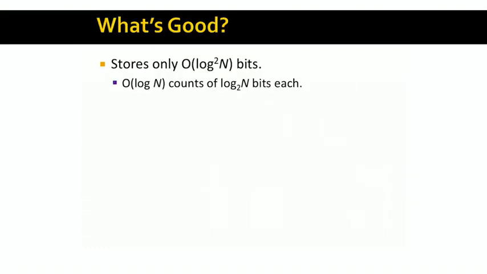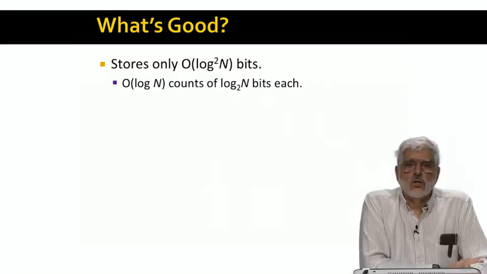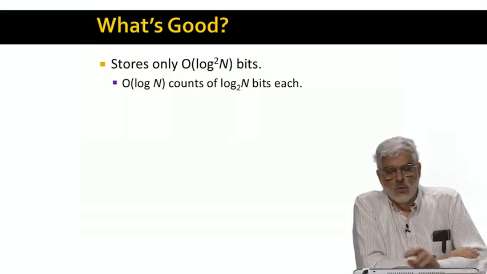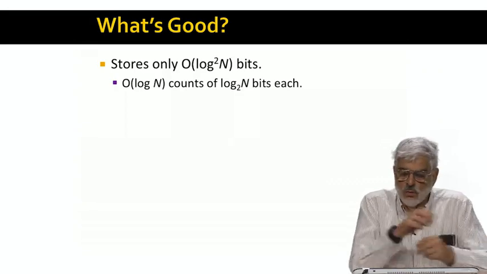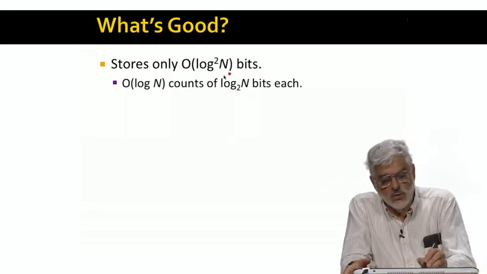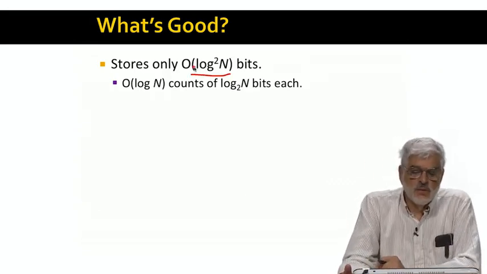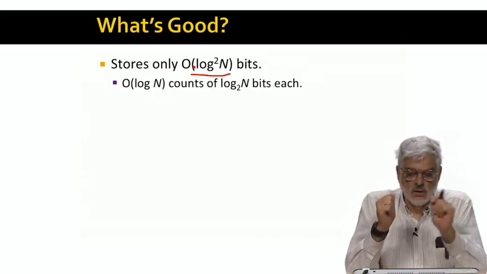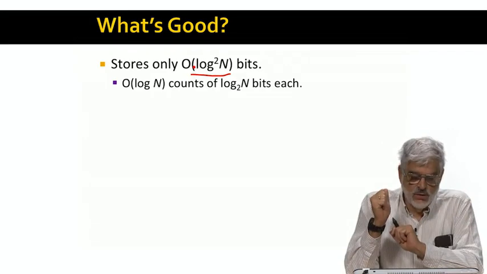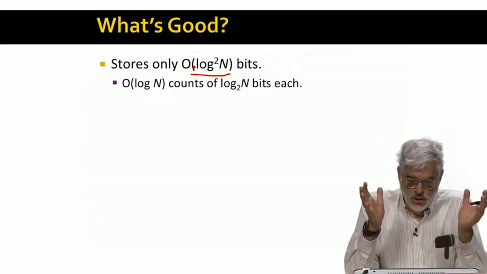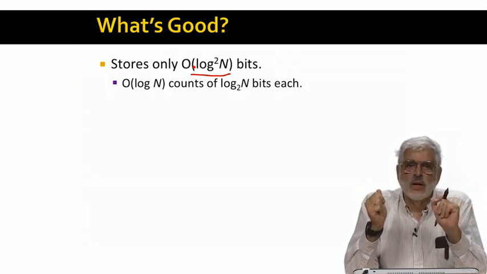The strategy has a lot to recommend it. First, it stores only the square of log n bits. I might comment that we use this expression, log super 2 n, to mean the square of log n. This is a common expression. You don't want to write it as log n squared because that's really 2 log n, which is not what we mean.